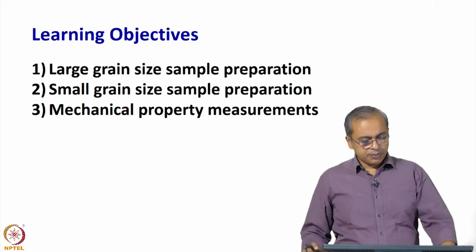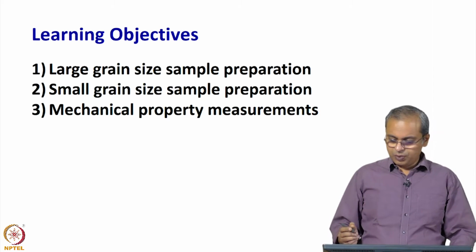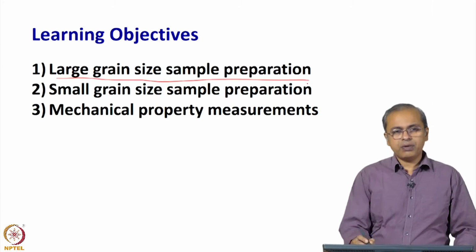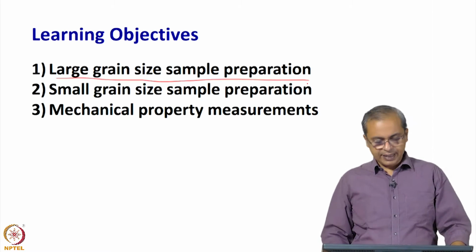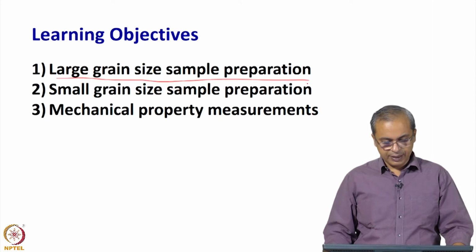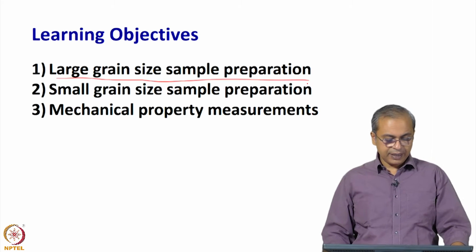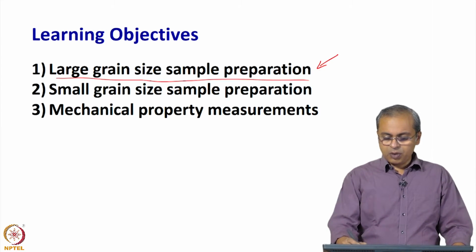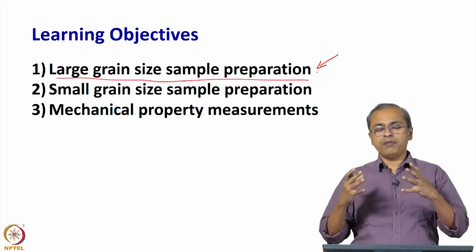So, our learning objectives for this class are to look at how you would go about getting consistent large grain size samples that we would need for this kind of activity, and this is particularly necessary because you need to have some frame of reference.